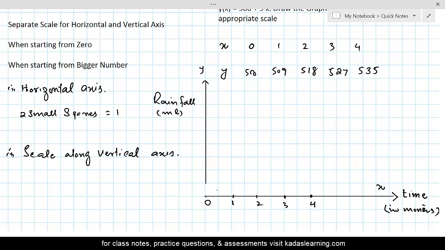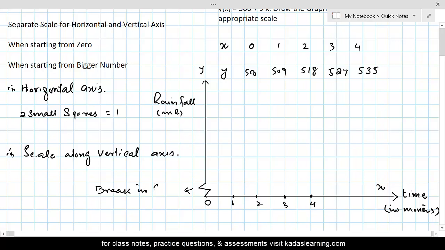In fact, we can break the graph in the start, like this by putting this sign, and if you want, you can write it here, break in graph. But if you don't write break in graph, that's fine too.